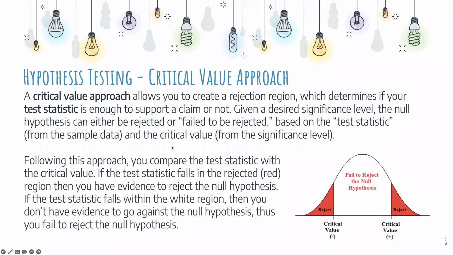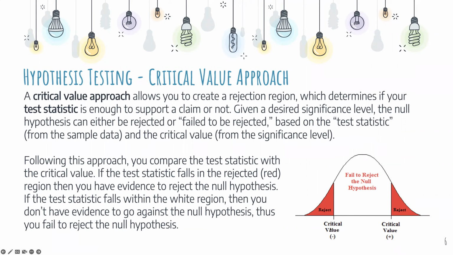So you compute the test statistic. It has a formula to it. You compute that value. When you get that value, you are going to see if your value is greater than the positive critical value or smaller than the negative critical value. If it lies in the red region, then you have evidence to reject the null hypothesis. If it is inside your critical values, from the negative to the positive in this white region, then you fail to reject the null hypothesis. So you compare those two numbers.